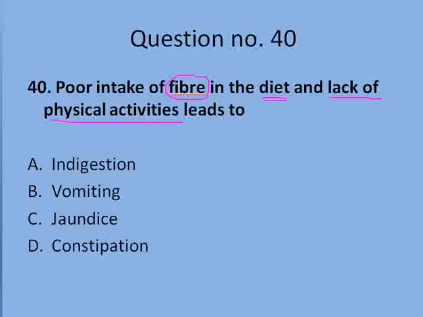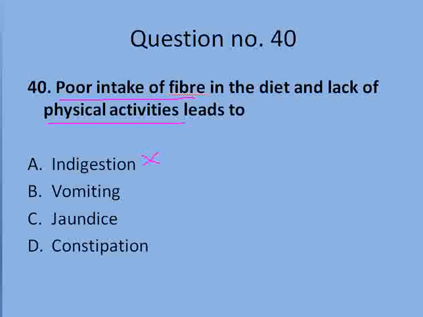So as a result, poor intake of fiber and lack of physical activities may lead to, first one, indigestion. We have just seen that inadequate enzyme secretion, anxiety, food poisoning, overeating and spicy food may be reasons for indigestion, but not poor intake of fiber.